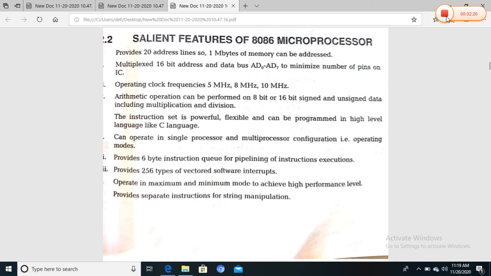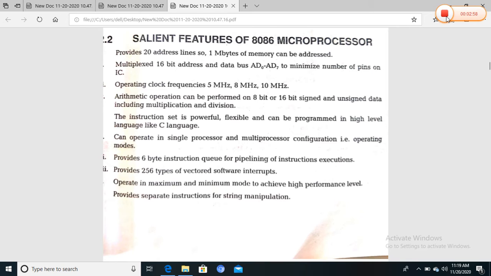Now the features of the 8086 microprocessor. This is a 16-bit processor. It provides 20 address lines, so 1 megabyte of memory can be addressed, since 2 raised to 20 is equal to 1 megabyte. The address lines are multiplexed with the data bus, AD0 to AD15, and this minimizes the number of pins.